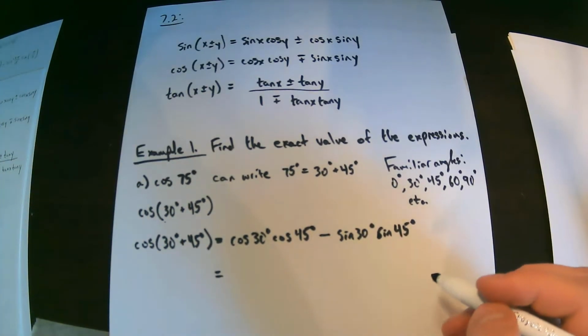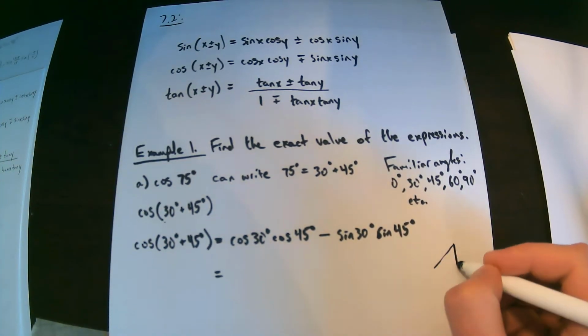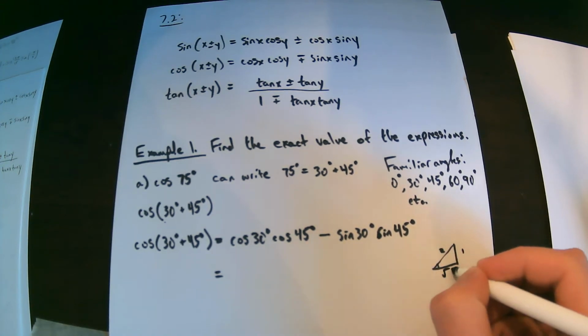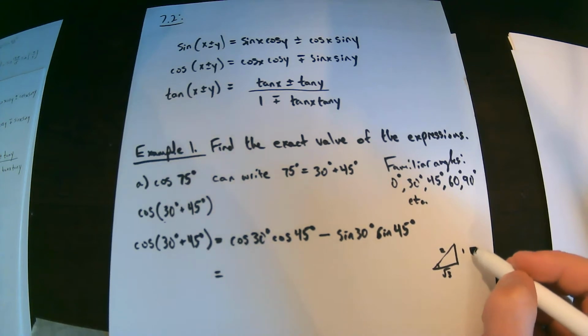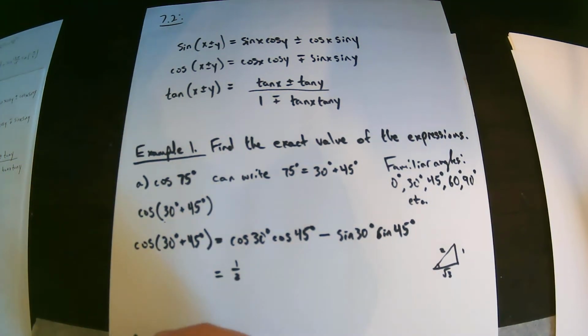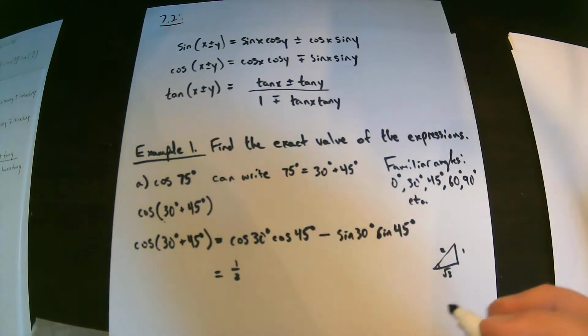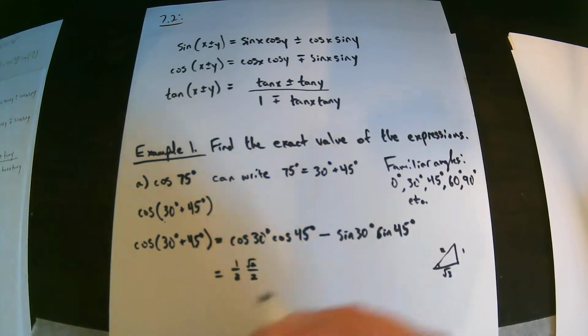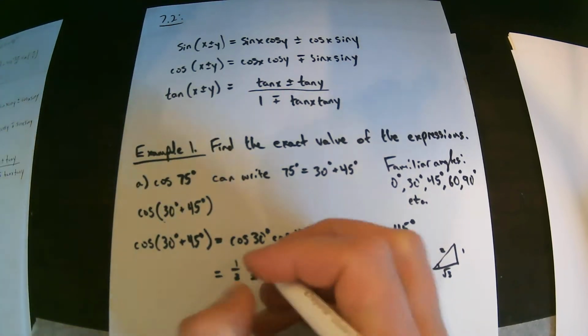So cosine of 30 degrees, let's see, 30 degrees is the small angle. Oh dang, I messed this up. Cosine of 30 is square root of 3 over 2, adjacent over hypotenuse. And cosine of 45 degrees is square root of 2 over 2, or 1 over square root of 2.